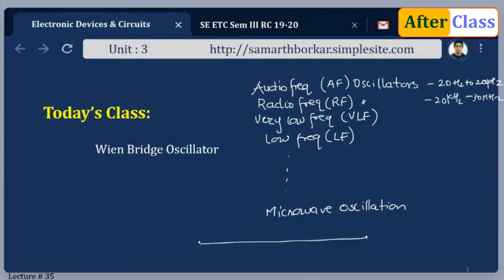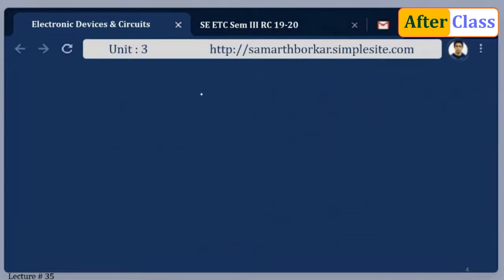This frequency range is subdivided into frequency bands, right from the audio frequency to microwave frequencies, and each of these frequency bands will in turn have their own oscillators. And then we had also discussed that these oscillators can be classified as RC oscillators, LC oscillators, and then a crystal oscillator or tuned LC circuit.